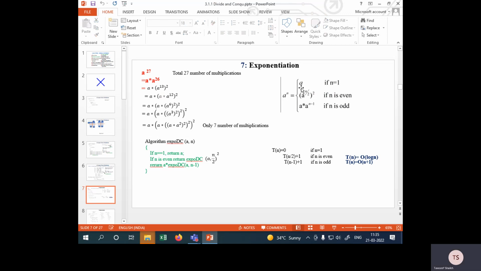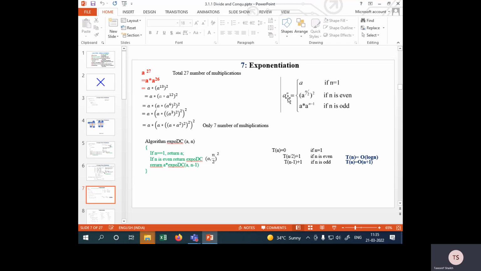So that means if I try to find a recurrence relation for such an equation, where I have an exponentiation term a power n, it is equal to a itself if n is equal to 1. If n is 1, it will be equal to a; there is no power, there is no multiplication.